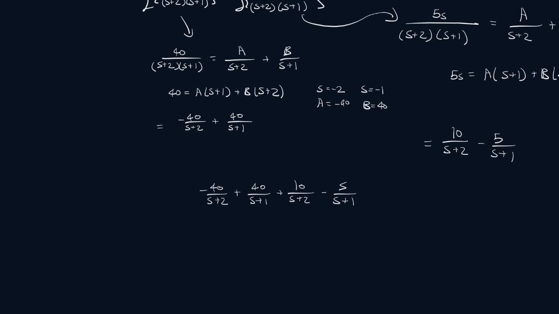And getting the inverse Laplace of this should be minus 40 e to the power of minus 2t, this one should be plus 40 e to the power of minus t.